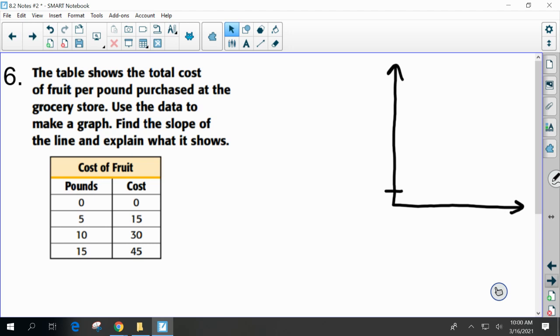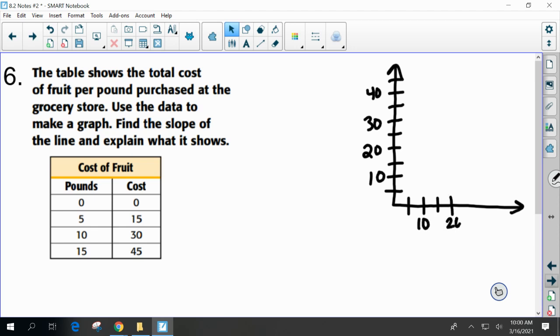So I would just make your numbers going up by 5, because they're all multiples of 5. And then you need to graph your points.